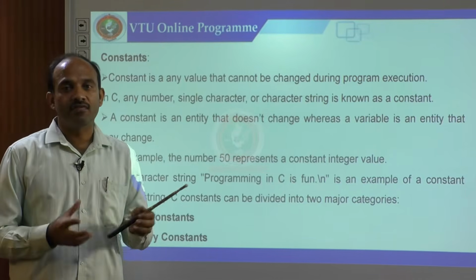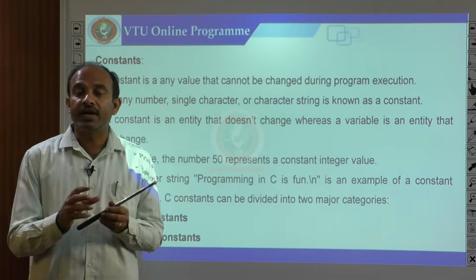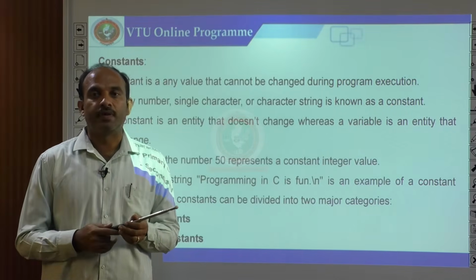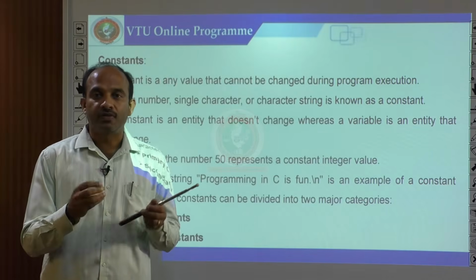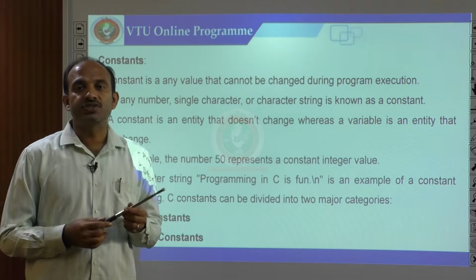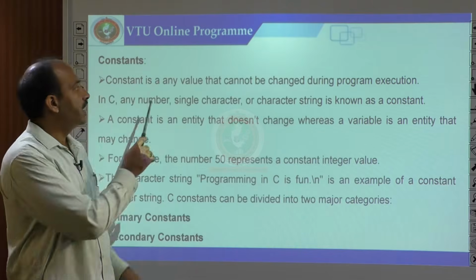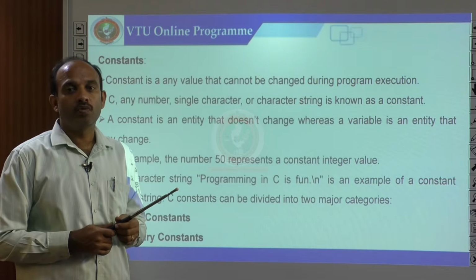Constant, again it is a value, the name itself says it. A constant is a value that you cannot change during the program execution. Whenever you write something or define something, you cannot change that value; that we call a constant. Constant is any value that cannot be changed during the program execution.